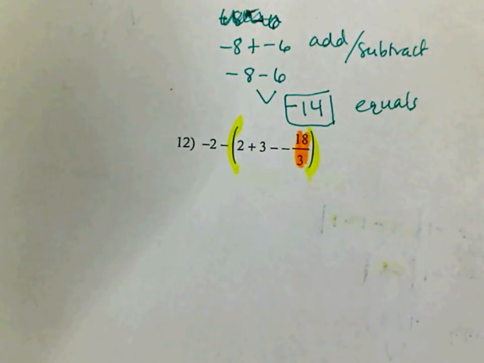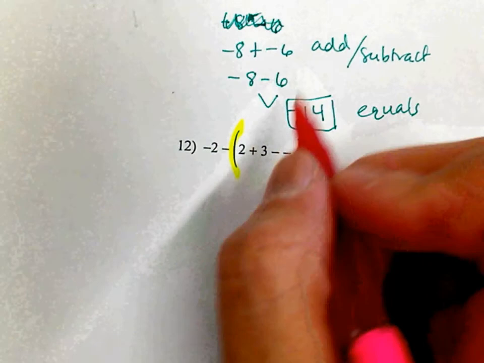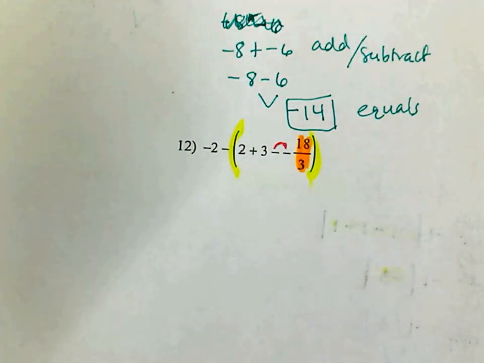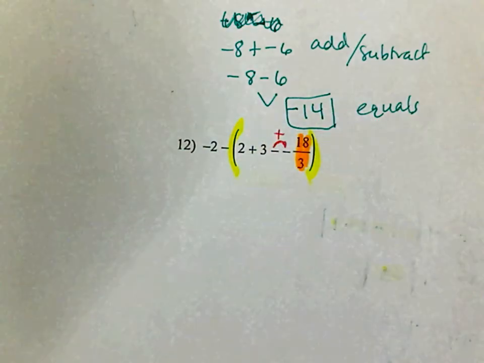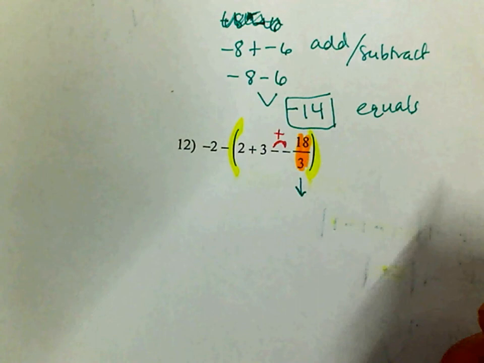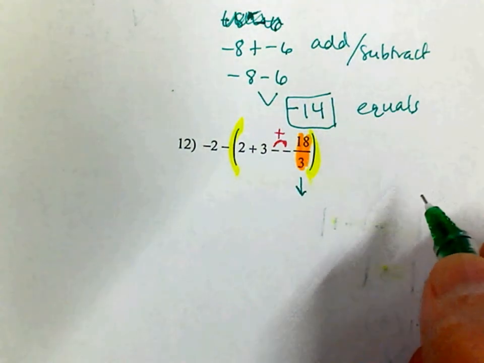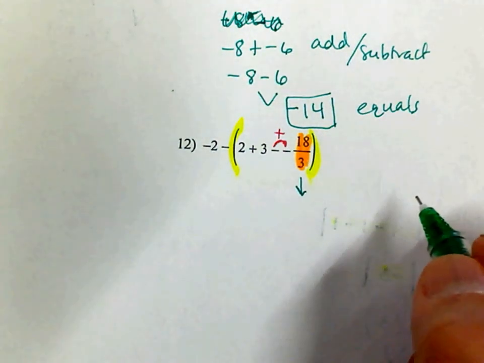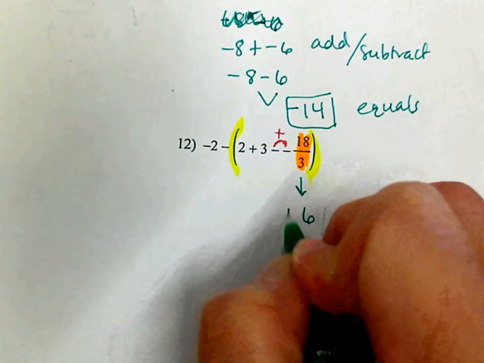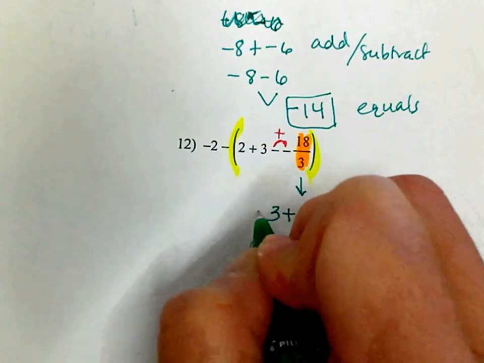Can I go ahead and change that one to a plus? Yeah, I can change that to a plus anytime they're next to each other, right? Okay, what is 18 divided by 3? 6.